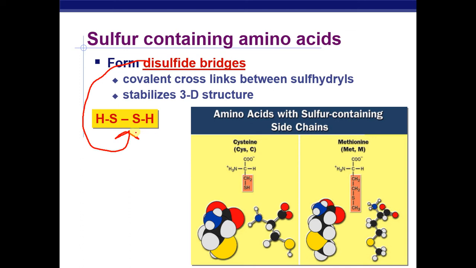It's a covalent bond or cross-link between sulfurs that helps to stabilize the protein. So if we have maybe two cysteines facing each other, they could form a disulfide bridge, that little bond right there, to help stabilize our protein.